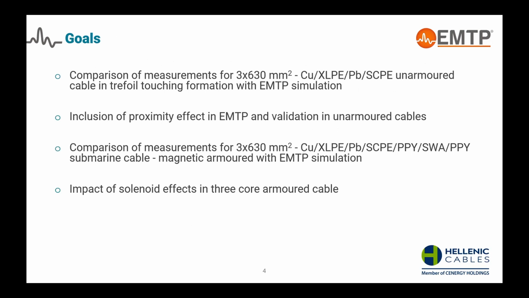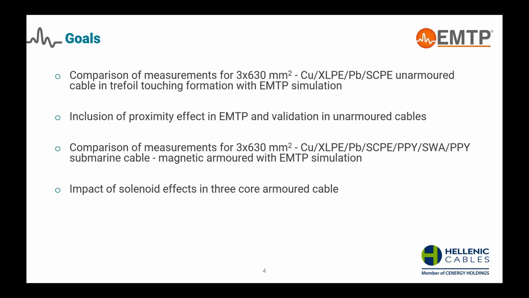The goal of the study, as I said before, is the comparison of the measurements performed by HELLENIC Cables for a 3 core 630 square millimeter cable, consisting of copper conductor insulated with XLPE, lead sheath, and semicon polyethylene jacket. The first sample is an unarmored cable, typical for high voltage underground installations, and it will be examined in trefoil touch formation.